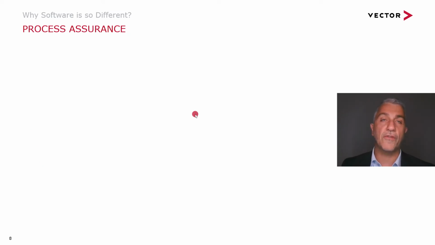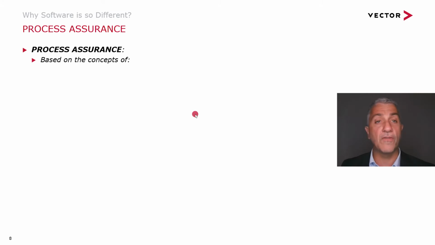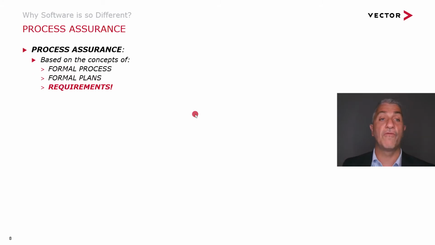software. To software, you could apply only process assurance. That is totally another kind of thing, because it's based on the concept of a formal process. So in order to do good software, you need a formal process, formal plans where you describe what you are going to do on your software. You need very good requirements and modeling. You can also model your requirements.